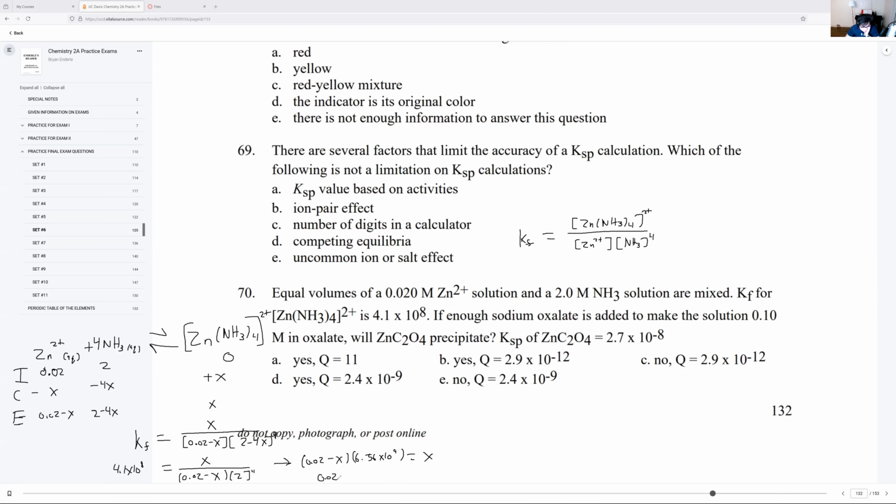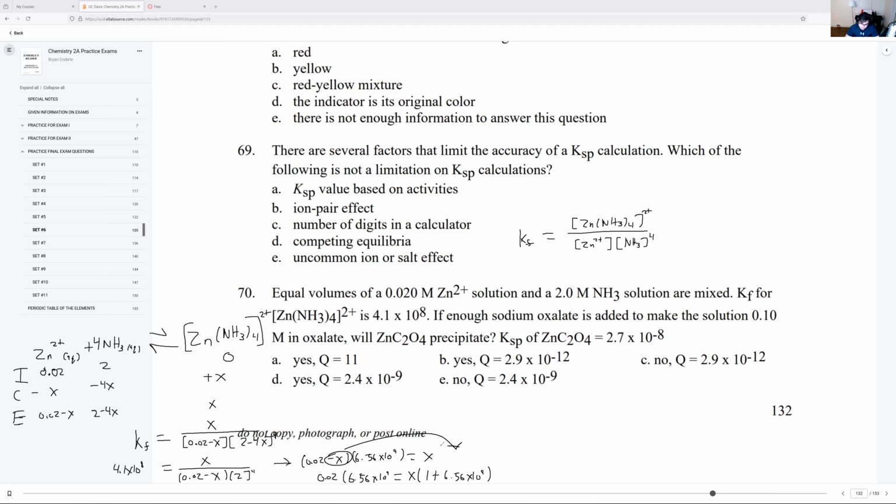This is gonna be 0.02 times the 6.56 times 10 to the ninth. And then we get x plus x times 6.56 times 10 to the ninth, right? Just distribute the 6.56 and then add the x to both sides.